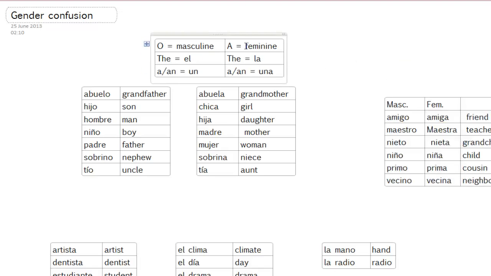So we have this. Okay, this is the rule. If it's O, it's masculine, so you'll be using the, el, and un for a. If it's feminine, it's la and una. Okay, so that's the rule.